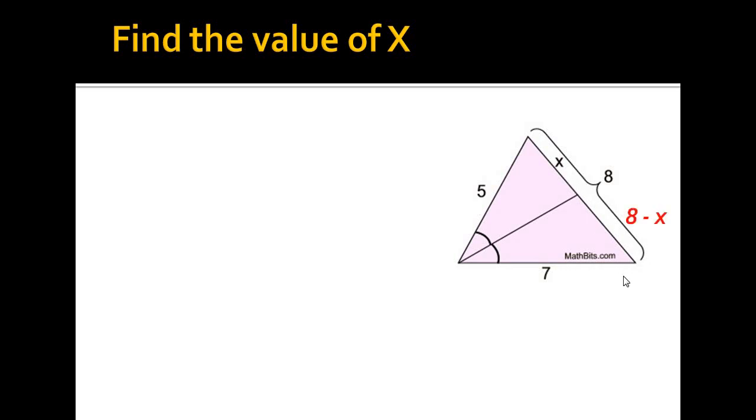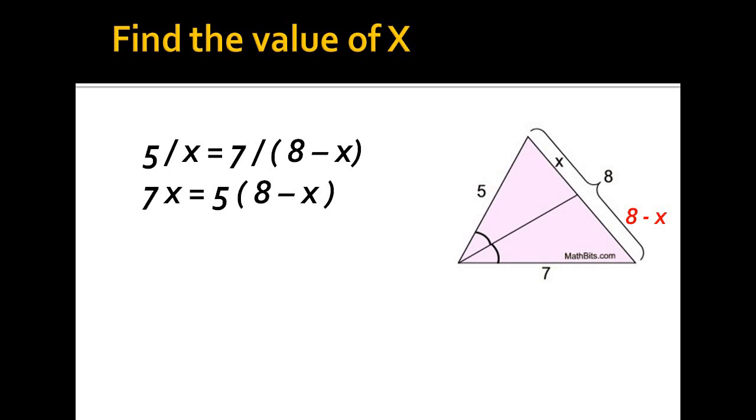So I found this part, so I can start to write my proportion. My proportion now is 5 over x equals 7 over 8 minus x. Also here, by using cross multiplication, I can find the value of x. So 7 times x equals 7x equals 5 times 8 minus x.